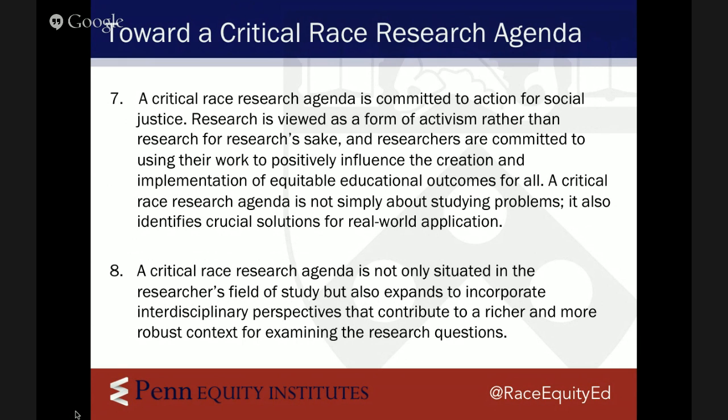And then a critical race research agenda is not only situated in the researcher's field of study, but expands to incorporate interdisciplinary perspectives. So if many of you who are listening are in the field of higher education, looking at other fields beyond higher education and bringing in those ideas to support the work that you're doing and make it critical is important.